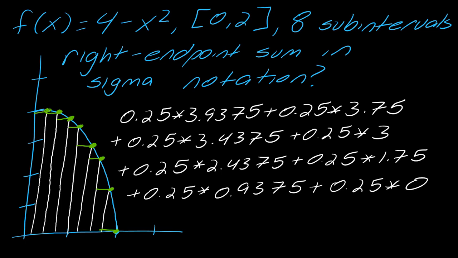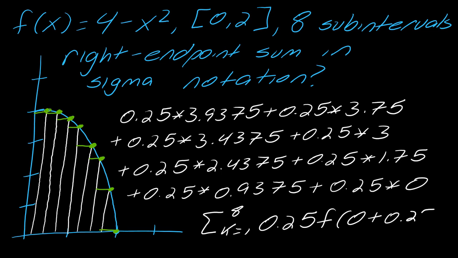So it looks very similar to the last sum that we had, but now I'm going to go from 1 to 8. Now my width is 0.25, and then I'll take 0 plus 0.25k this time. So here's how I can represent this whole sum in sigma notation.